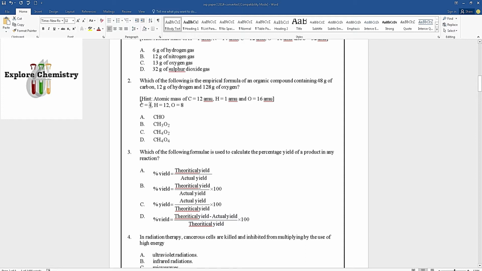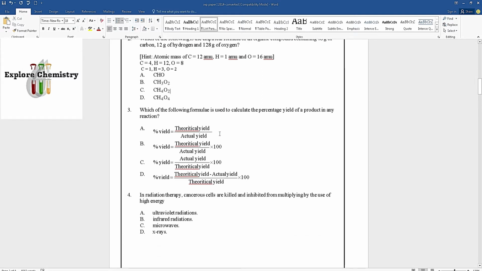So if you divide all these values by 4, you will get simplest moles of carbon as 1, because 4 divided by 4 is 1. And simplest moles of hydrogen will be 12 divided by 4, you will get 3. And simplest moles of oxygen will be 8 divided by 4, you will get 2. So your empirical formula will be CH3O2, which is mentioned in option B. So option B is the correct answer here.